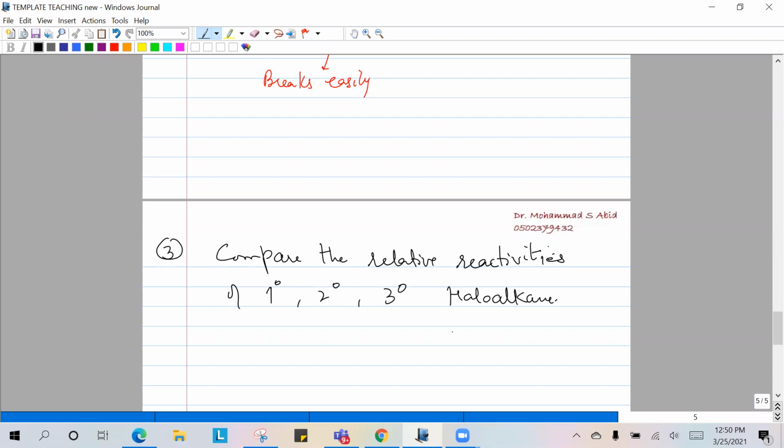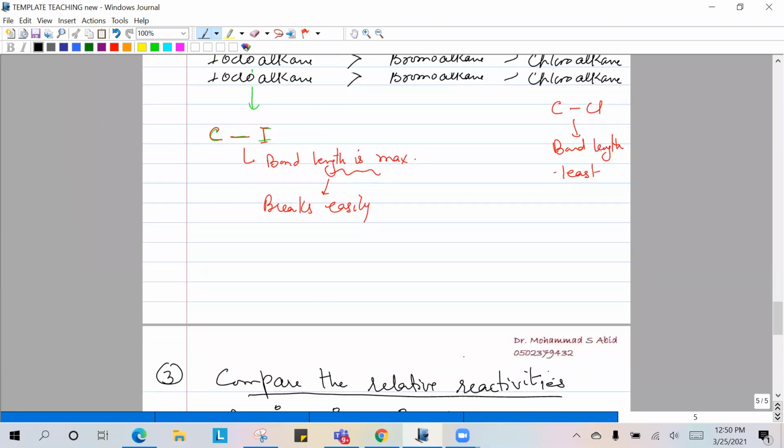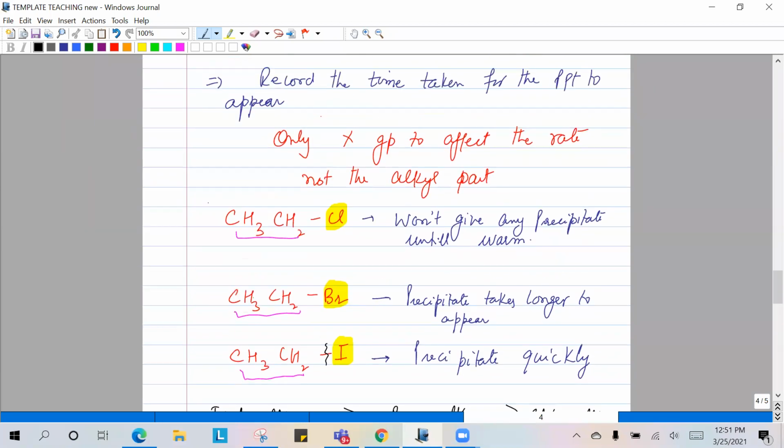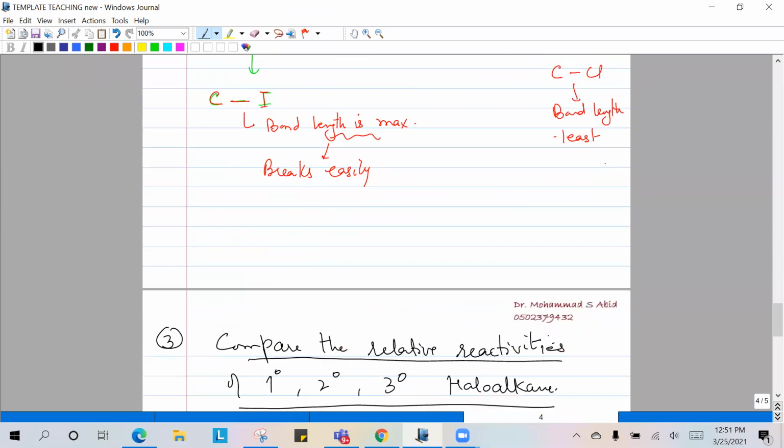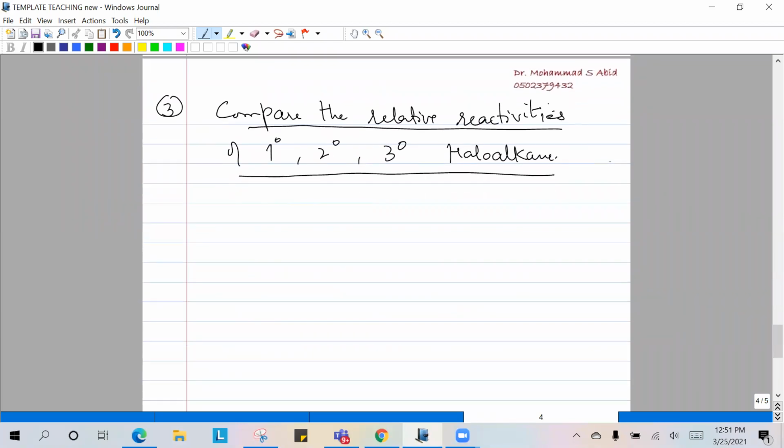Now, just like in the previous example, we said we wanted only the X to affect the rate. So that is why the alkyl group was taken as a constant. Here, we want the structure, that means the primary, secondary, and tertiary, to affect the rate.